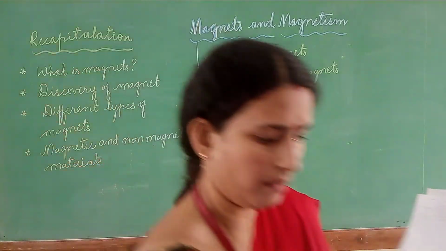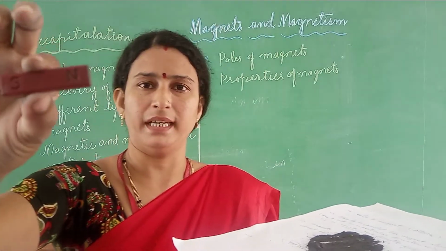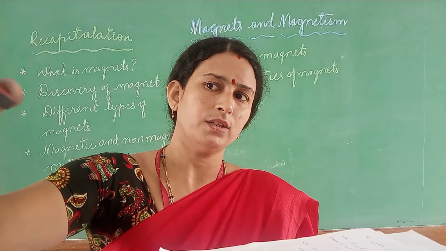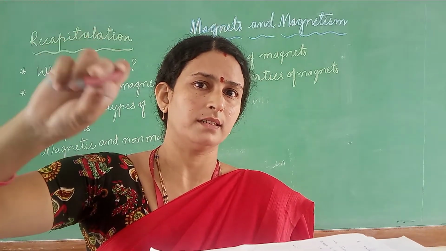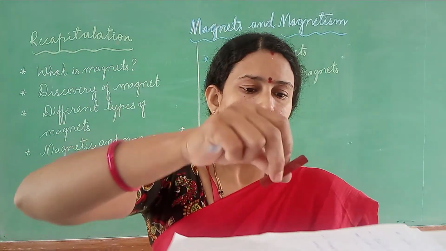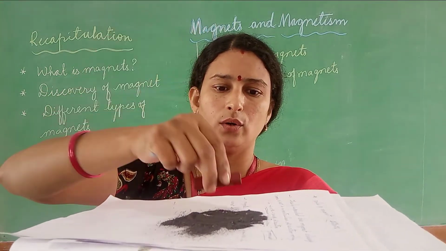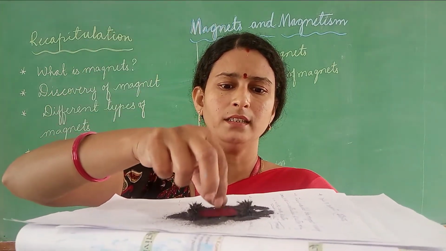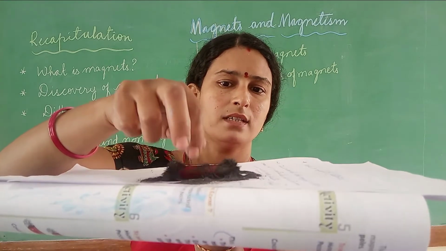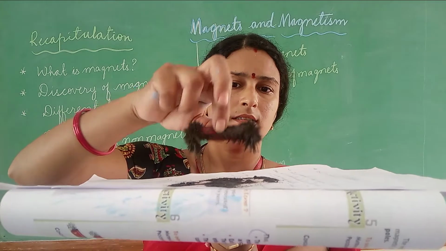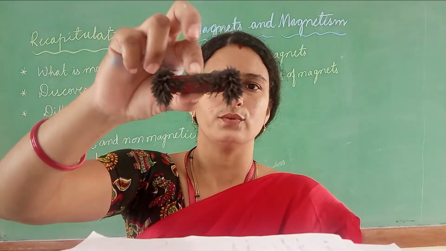So I have taken a bar magnet. This is a bar magnet and it has two ends. I will roll this bar magnet on these iron filings. Can you see here? See here, students.